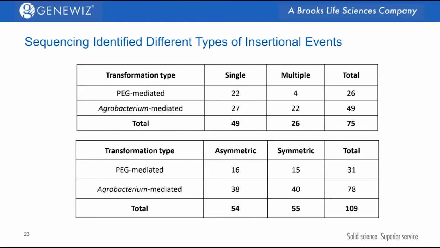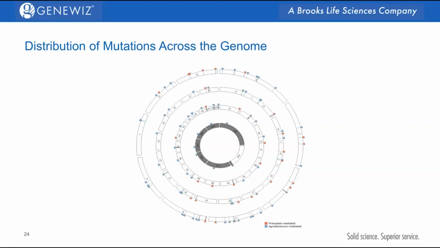Also, talking about symmetric and asymmetric transformation events, in PEG-mediated we saw both symmetric and asymmetric happening in equal proportions. And also in Agrobacterium, we had equal proportions of symmetric and asymmetric transformation events. Although the total there says 109, that is taking into account that some strains had multiple insertional events. So even though the number of strains that I sequenced was 80, the total number of insertional events is 109 because some strains have more than one transformation event.